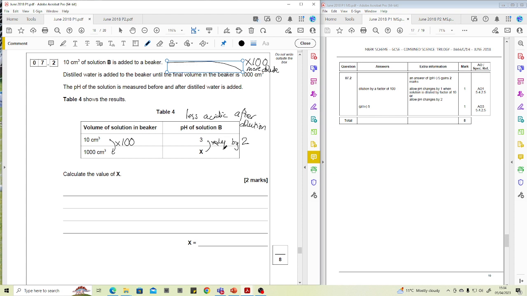So it goes up by 2. To show that you're calculating it somehow, you can write 1,000 over 10 is 100, a factor of 10 squared. pH increases by 2.